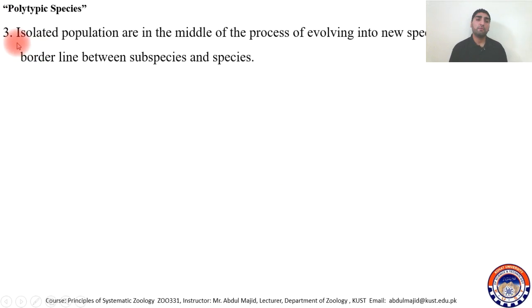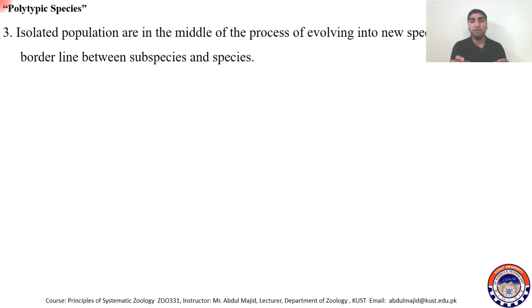Another problem is that isolated populations are in the middle of the process of evolving into new species and are on the borderline between subspecies and species. As I told you, by accepting polytypic species, you are accepting evolution. So these isolated populations are actually the rudiments for evolution.